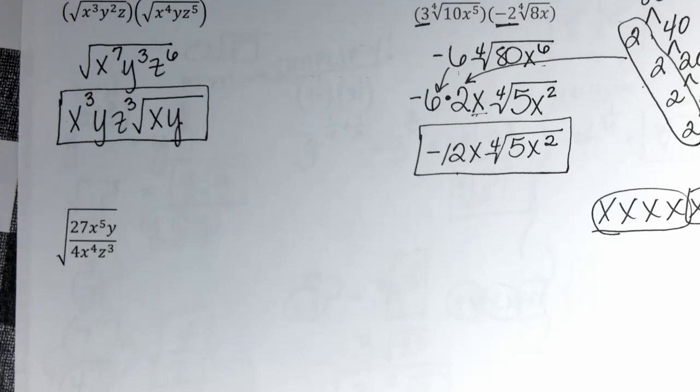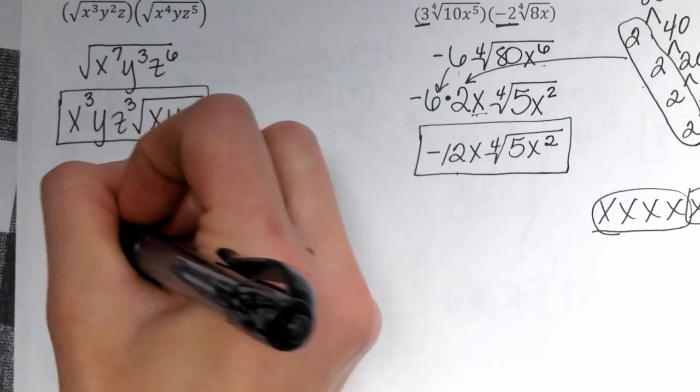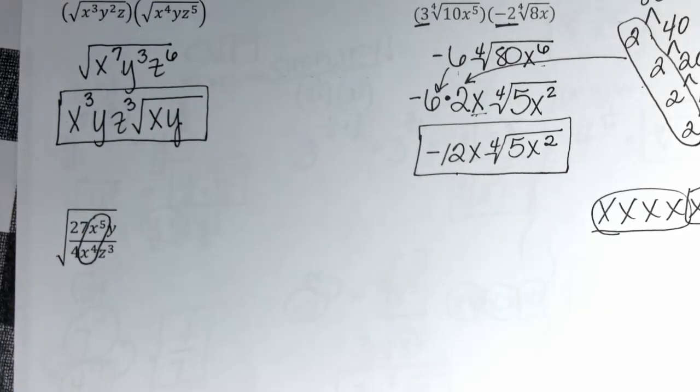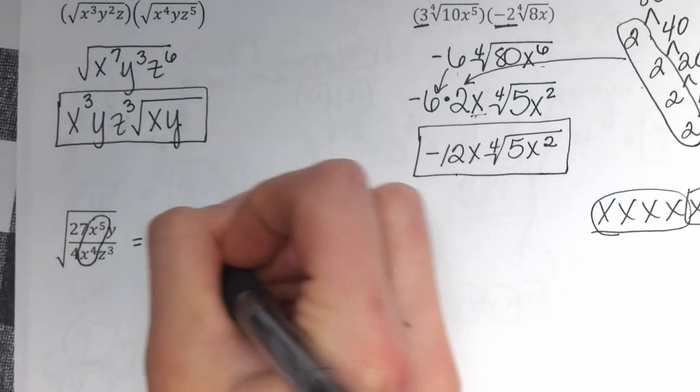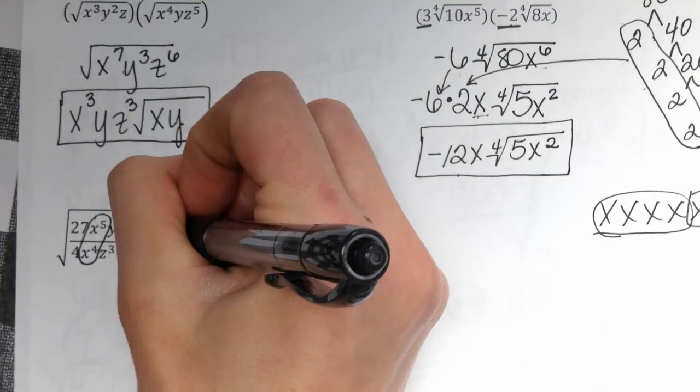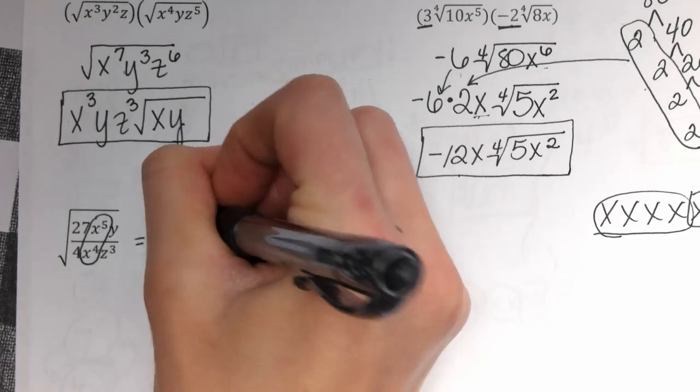Okay, the moment you see a fraction, what do you try to do? Split it. Simplify your numbers. Okay? 27 over 4, can that simplify? No. But can I simplify x to the 5th over x to the 4th? Yeah. Okay. So I'm going to simplify and split all in one step. So I know I'm going to have my 27.